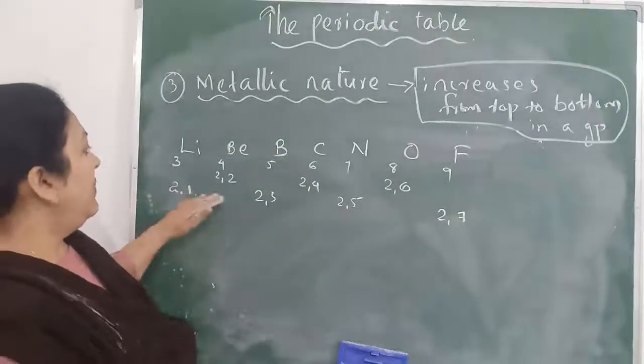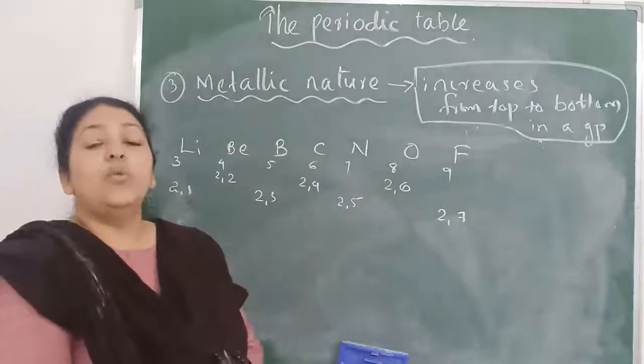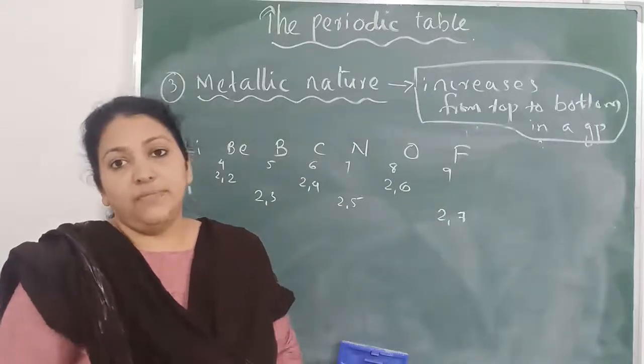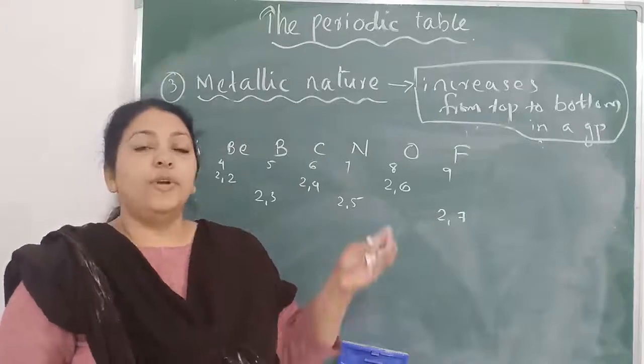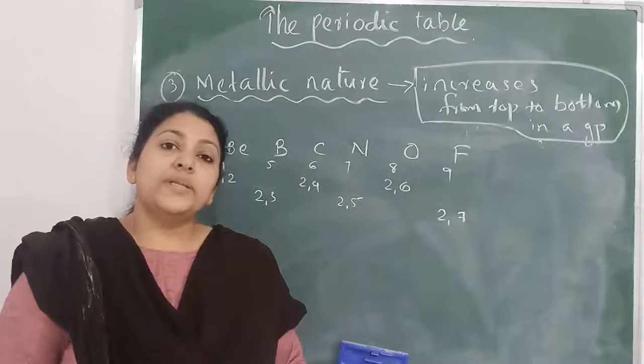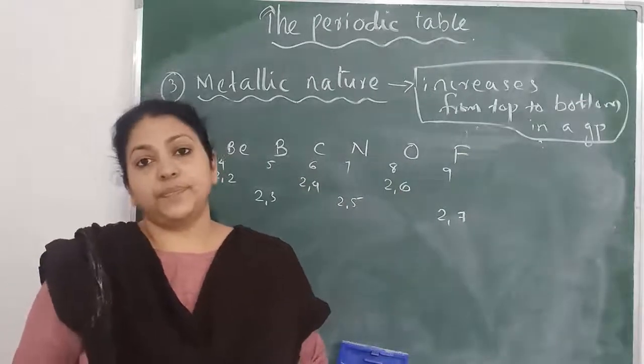Now from the electronic configuration, while discussing the size of the atom, we understood that from left to right in a period, the atomic size decreases.